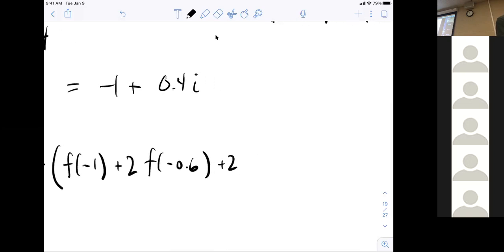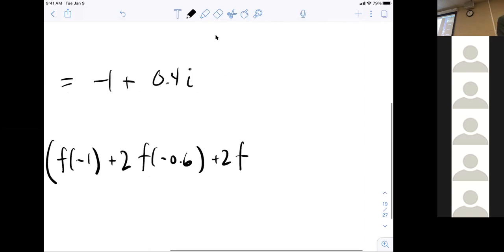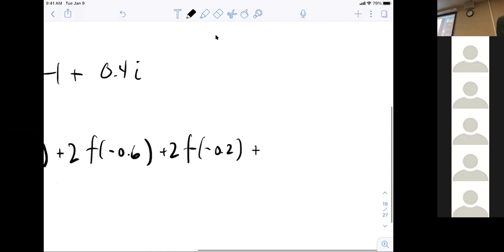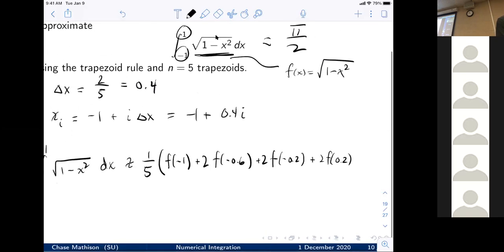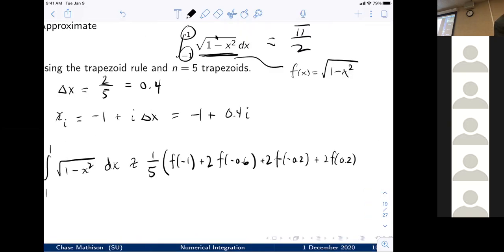Plus 2 times f of, well, again, you take another step of 0.4. I get 2 times f of -0.2. Then plus 2 times f of 0.2, plus 2 times f of 0.6, and then plus f of 1.